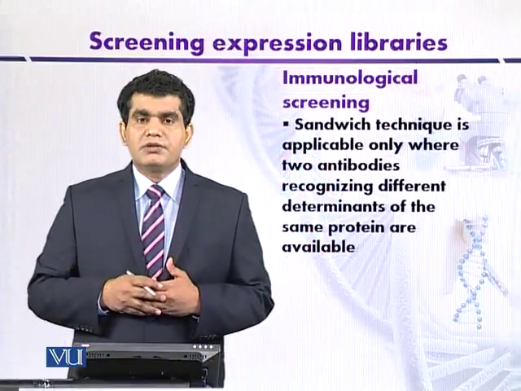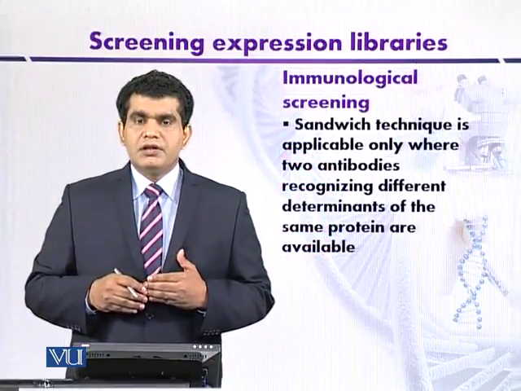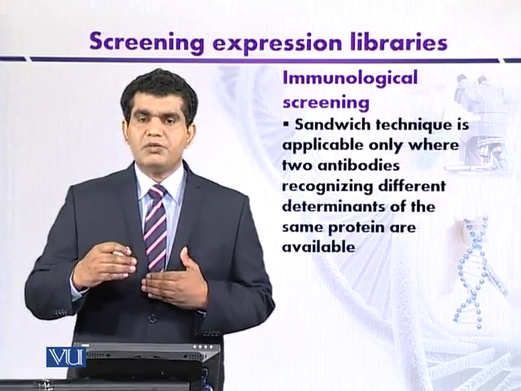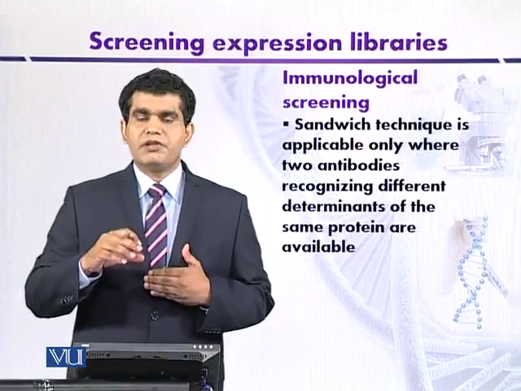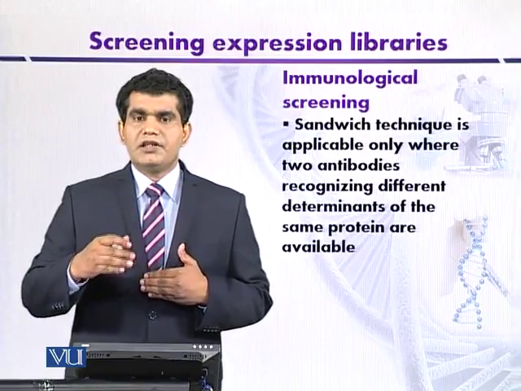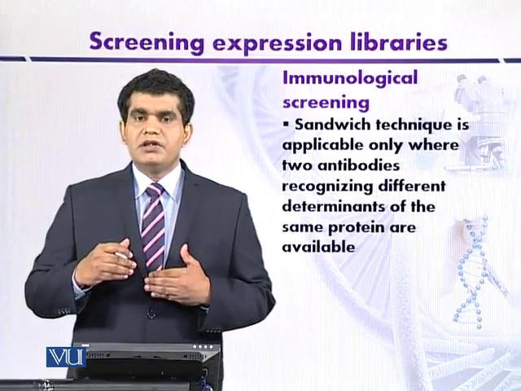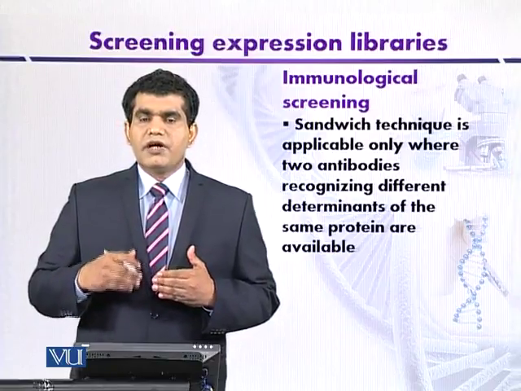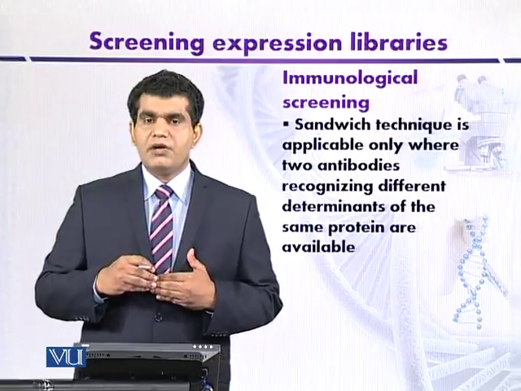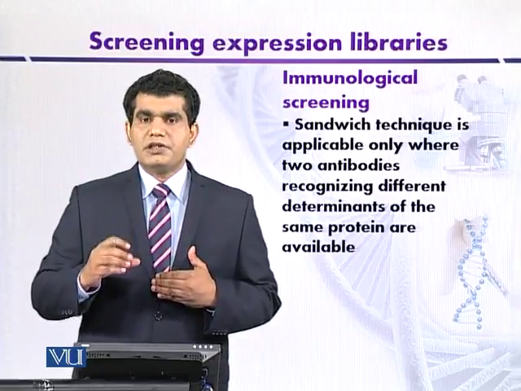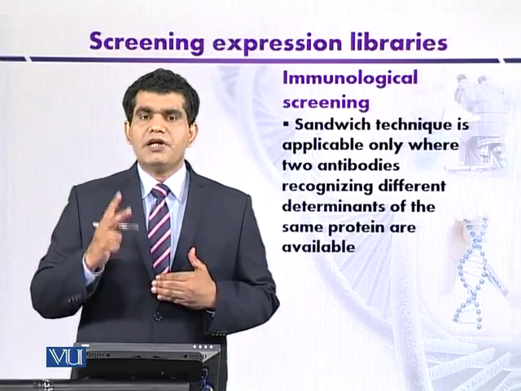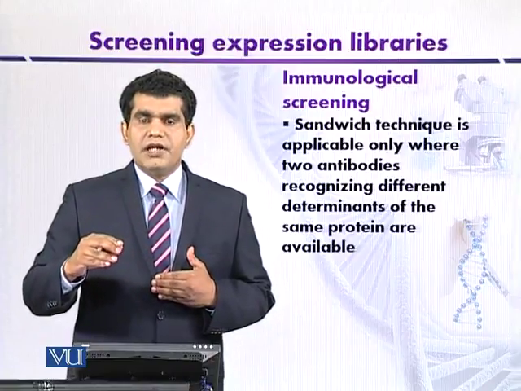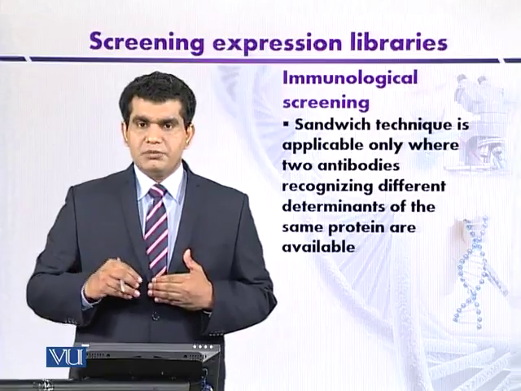In immunological screening, basically the method is to use a sandwich technique, where the first antibody is used that is bound with a polyvinyl sheet, and then the secondary antibody, which is radio labeled, is used. So for the sandwich technique, the target protein must contain two antigenic determinants, one for the first antibody and then one for the radio labeled antibody.